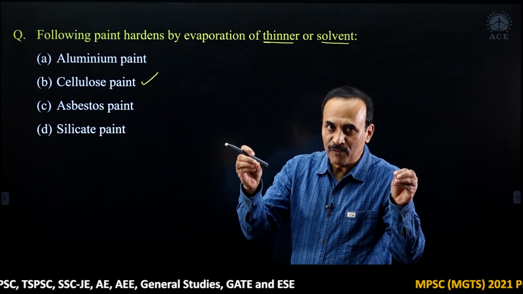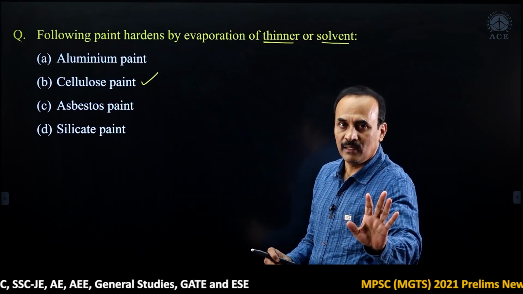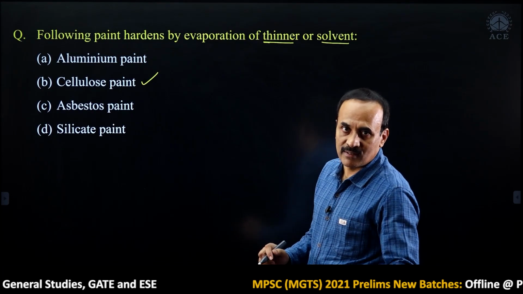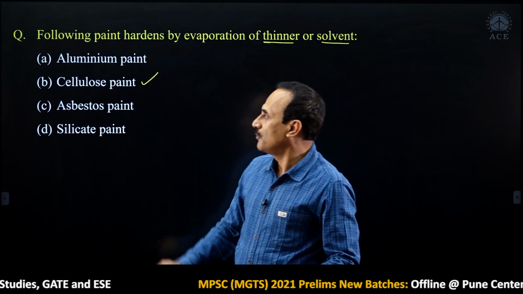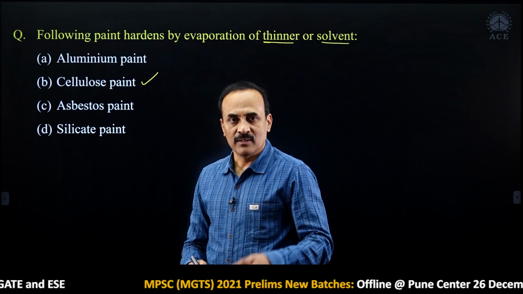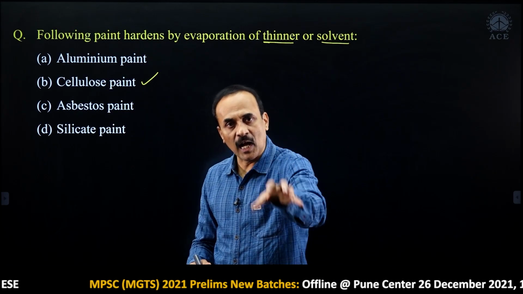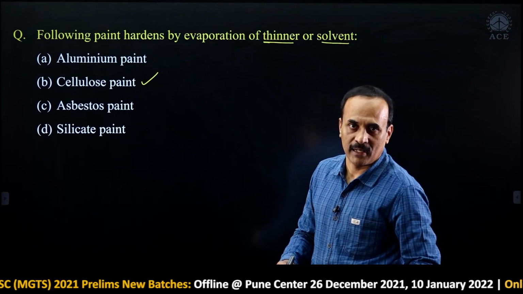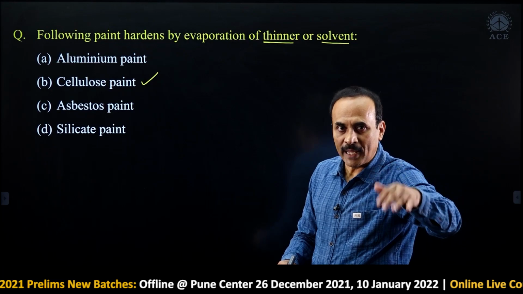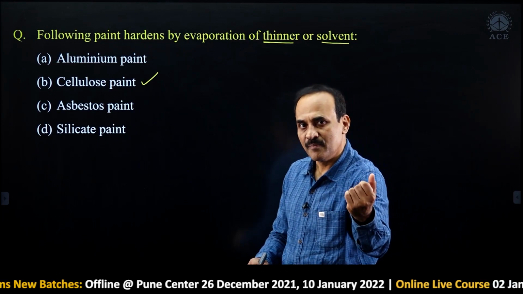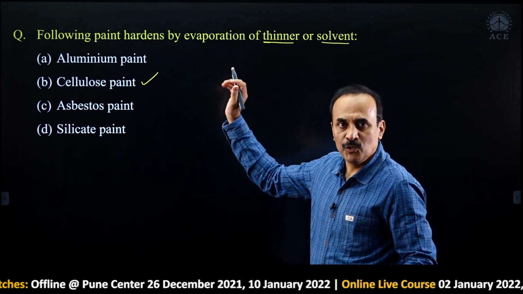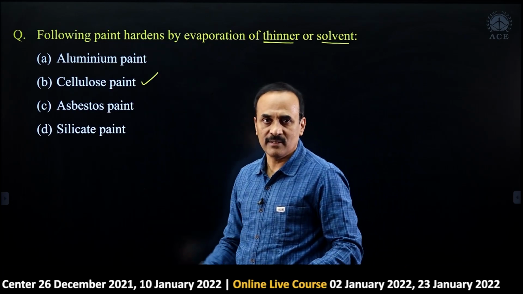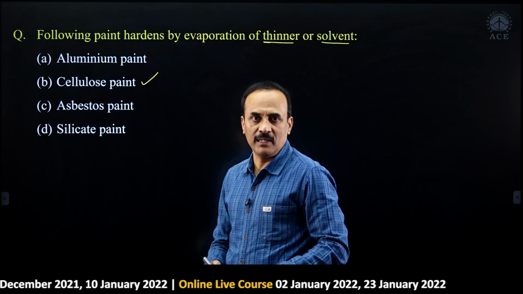If you want quick drying of the paint, long lasting with smooth finish and lustrous or shiny finish, we go for cellulose paints. Immediately after you spray or brush it on the surface, the solvent dries up, and you get the hard surface remaining. So, the answer is the second option, B.